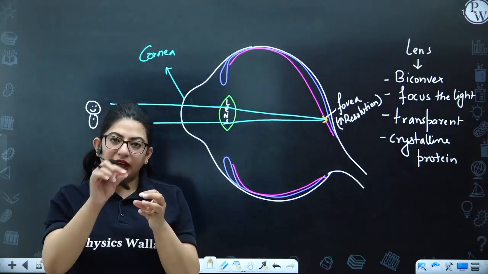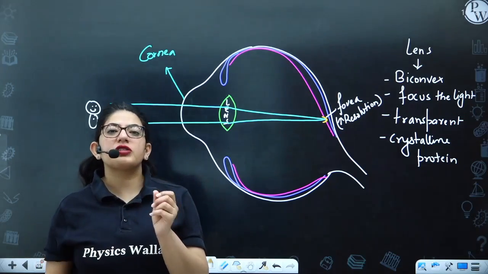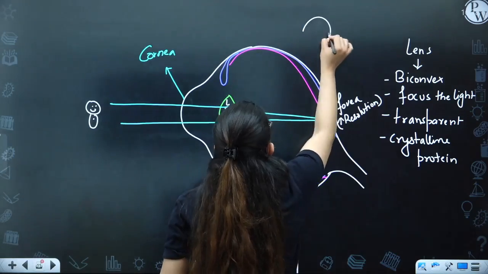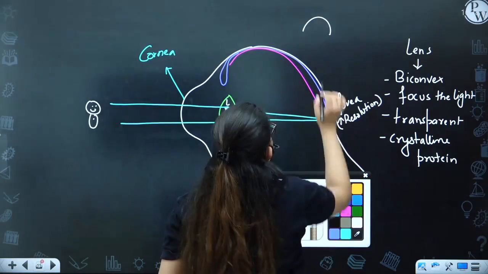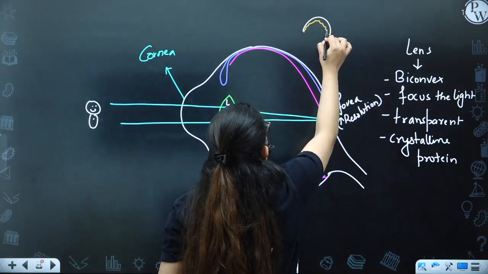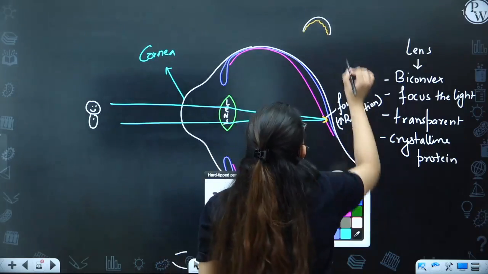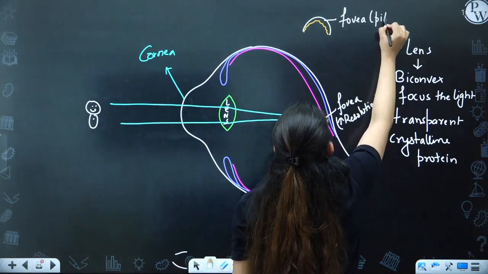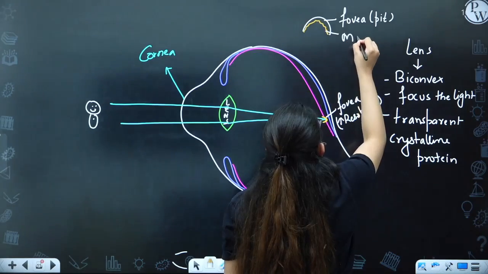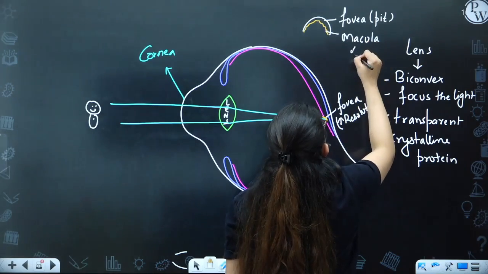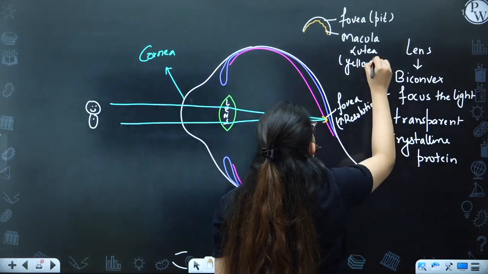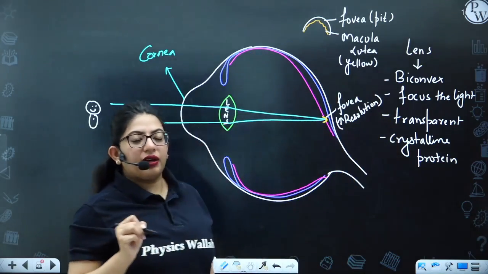In this pit, a yellow pigmented area is present known as macula lutea. So the fovea is a pit, and this is the area known as macula lutea. It's yellow in color. Why the image is formed here, I'll tell you later on.